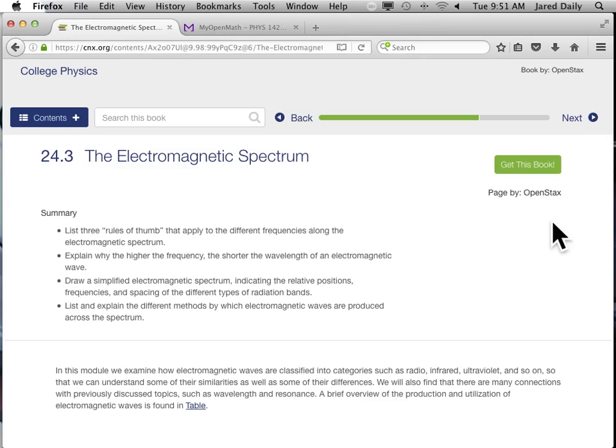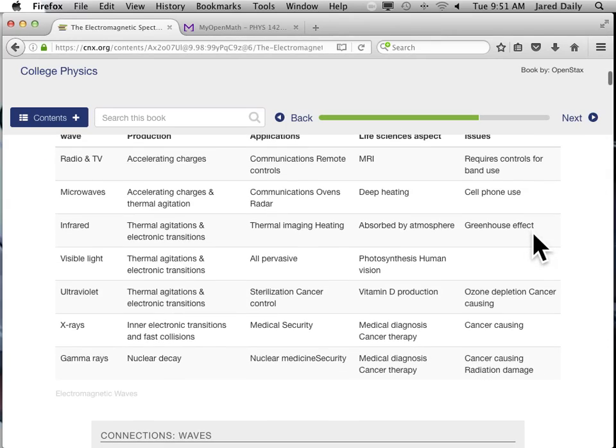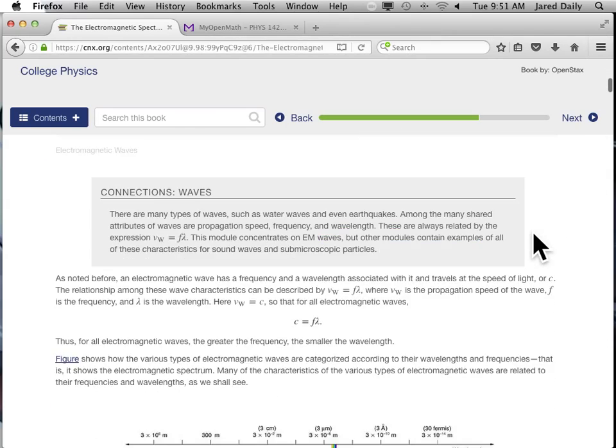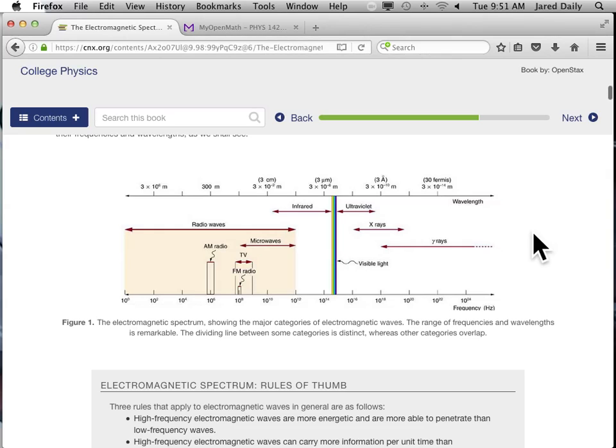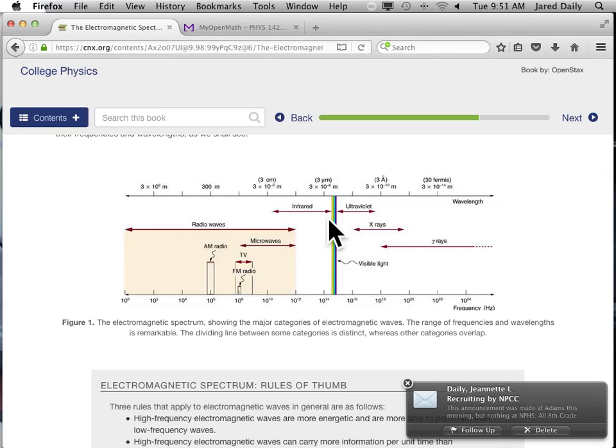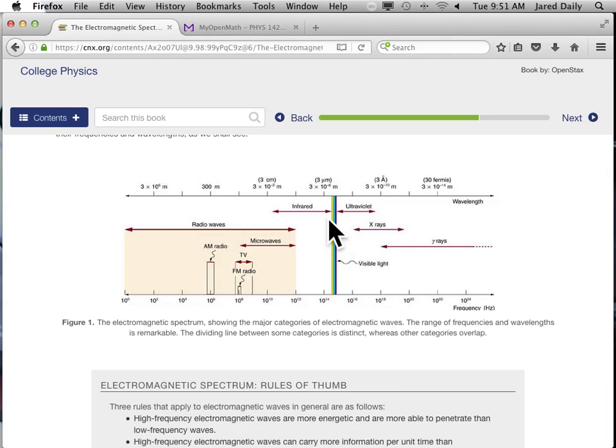So the electromagnetic spectrum is truly infinite. But the only part that we really think about as light, in the normal world, is this little tiny sliver of it where our eyes can actually detect the light.